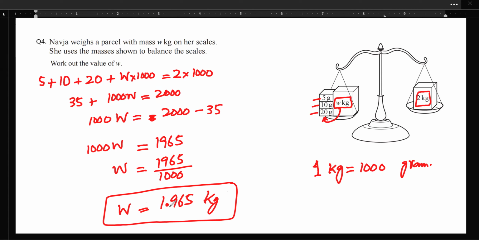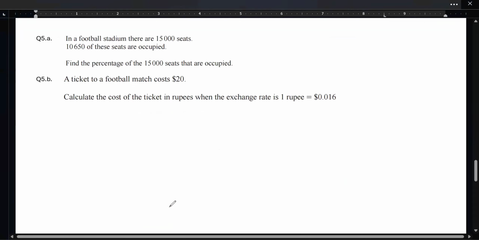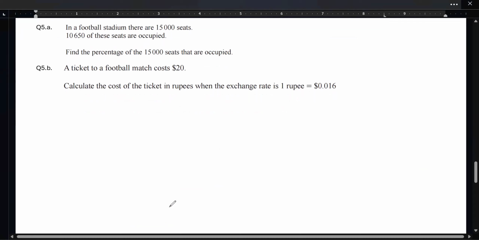So let's go for the next question. Okay, boys, let's move to the next question. Yes, we have two parts in this question.